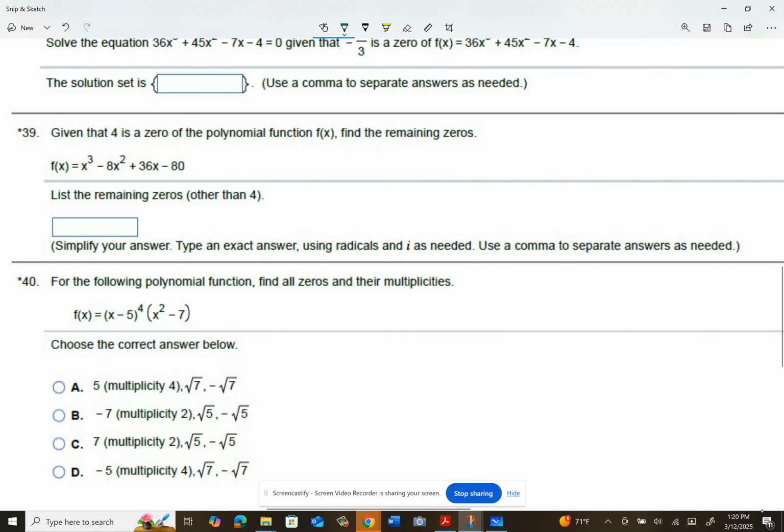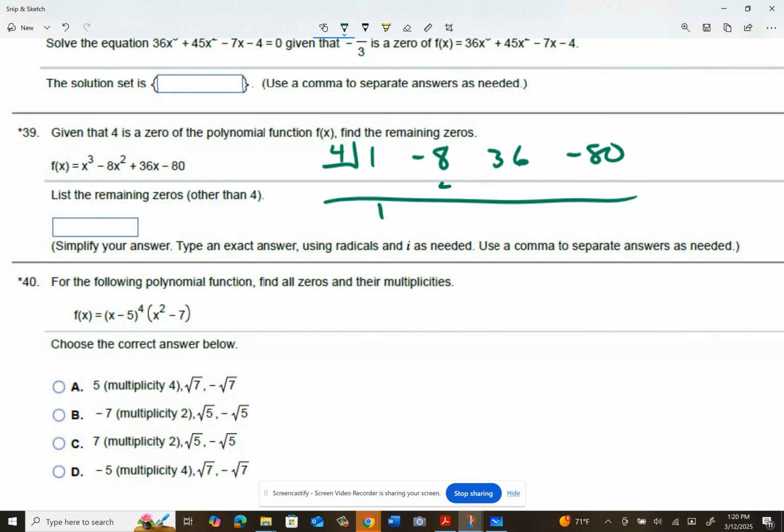So what I'm going to do is put the 4 in the box, write down those coefficients, do the synthetic division process, and find what I already know, that it's going to have a remainder of 0.